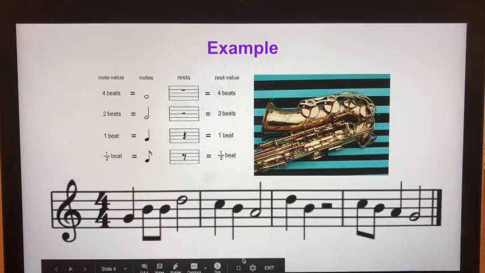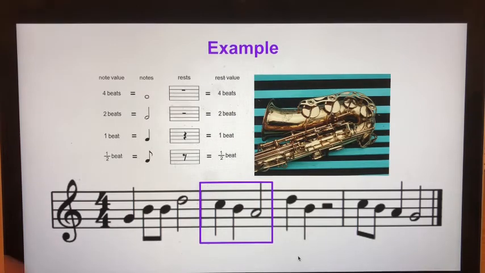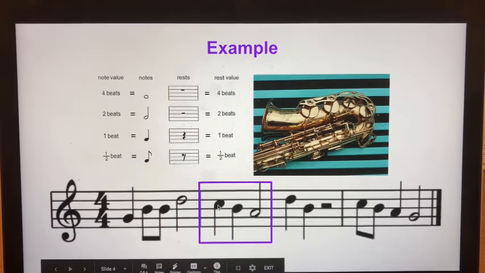Okay. So what I'm going to do is highlight this measure right here, just so we can see if I did my math correctly, right? So the first note is a quarter note on C. If we look at our guide, our quarter note gets 1 beat.